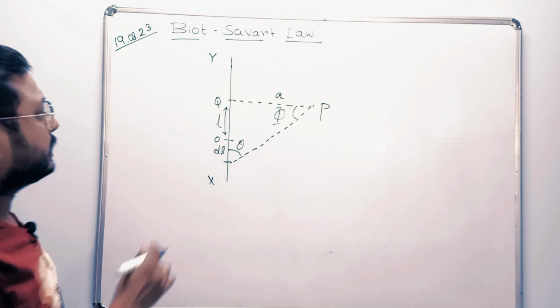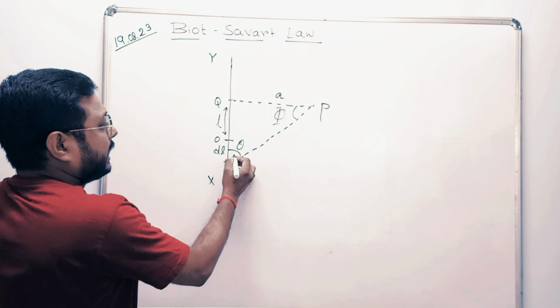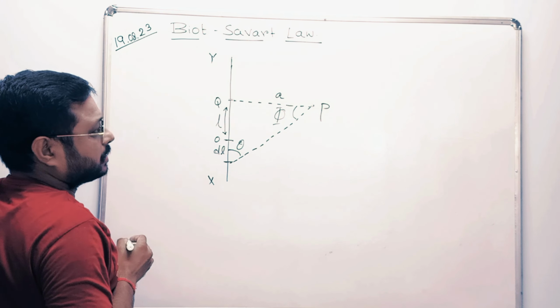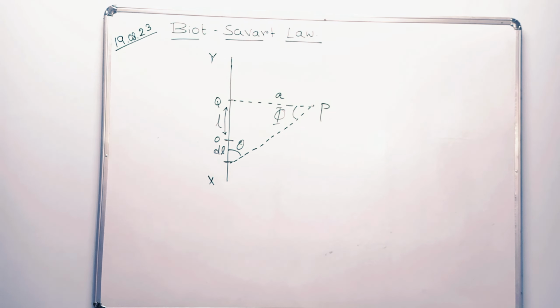So, due to the length dl, the angle subtended at P is phi.